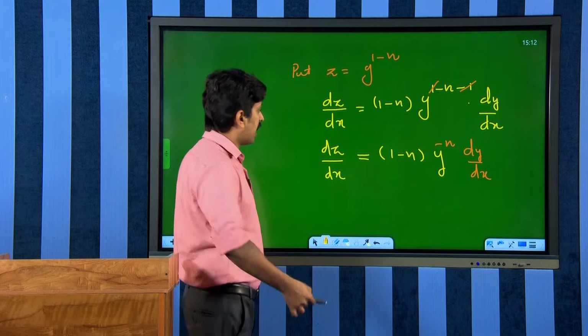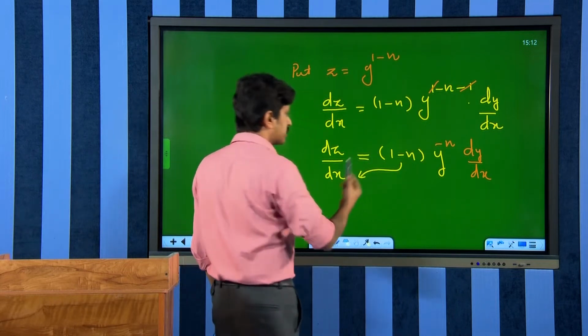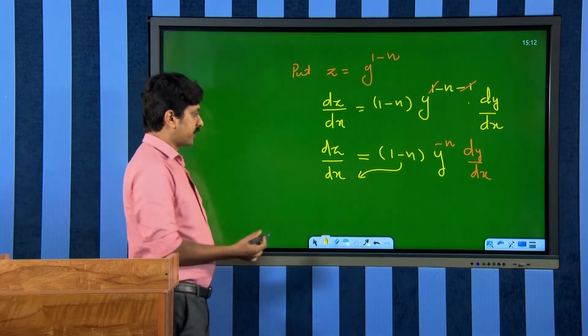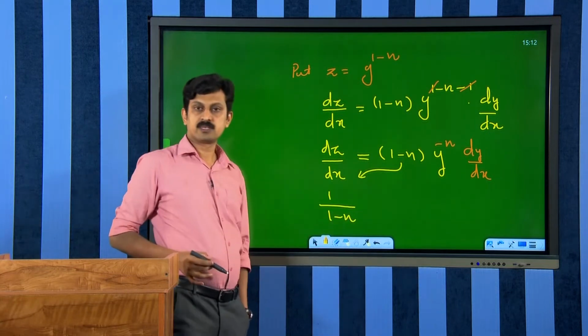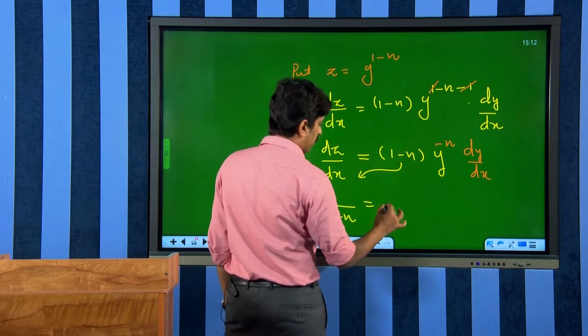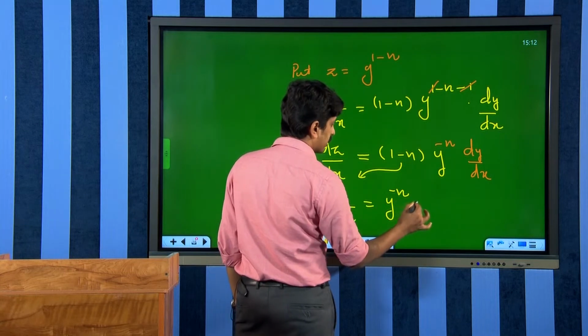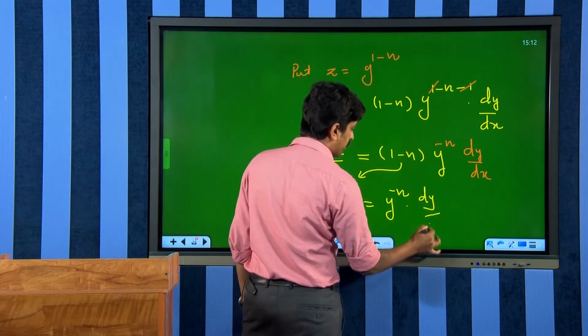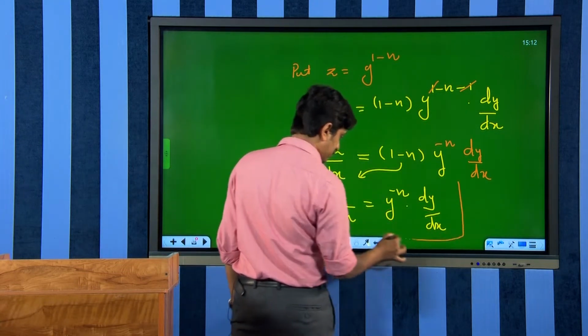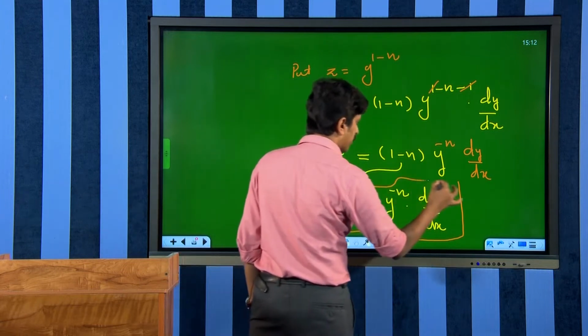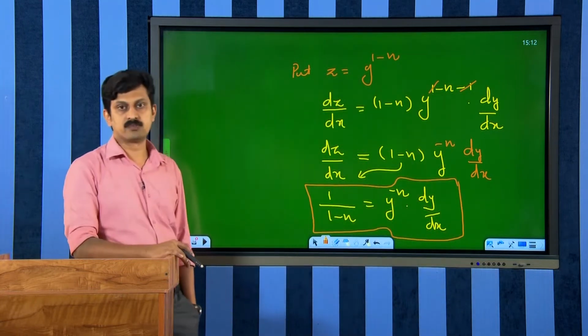I would like to take this 1 minus n to the other side. Therefore, finally, we will have 1 by 1 minus n into dz by dx is equal to y raised to minus n into dy by dx, or simply y dash.